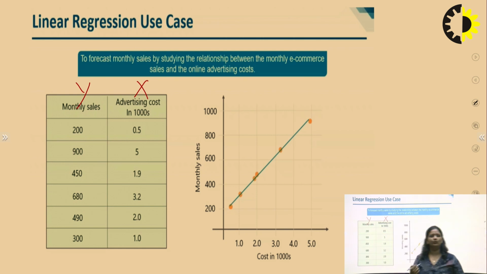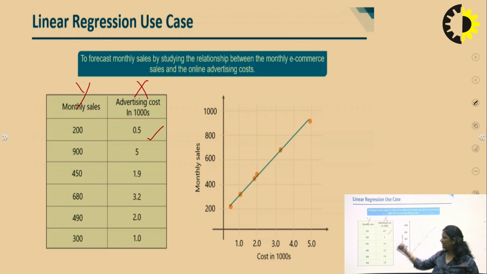If we spend 0.5, that is, in 1000, then there is a monthly sale of 200, and if we spend an advertising cost of 5000, then there will be a monthly sale of 900 and so on.